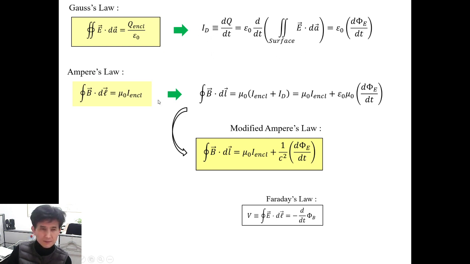through the surface. And from Ampere's law, the magnetic field line integral is equal to mu zero times the current passing through the surface.